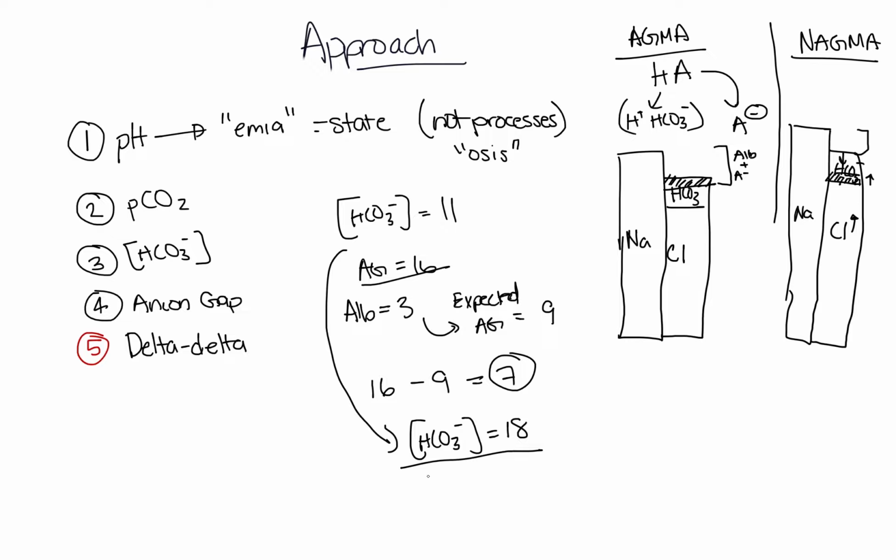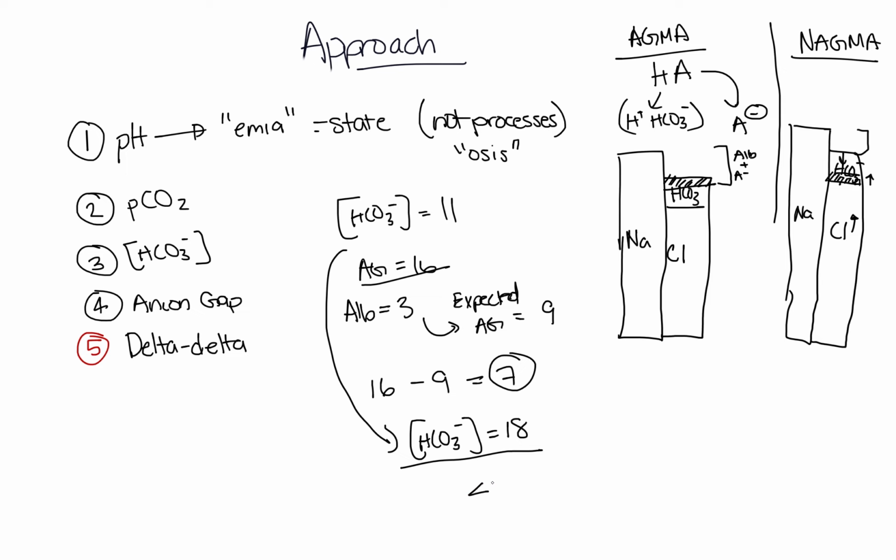Okay, so in summary, the delta-delta is where we calculate the difference between our current anion gap and our expected anion gap. And we assume these negatively charged molecules, if they were to be completely replaced with bicarbonate, we then look at that new bicarbonate number and determine whether or not there still is an acid-base derangement.